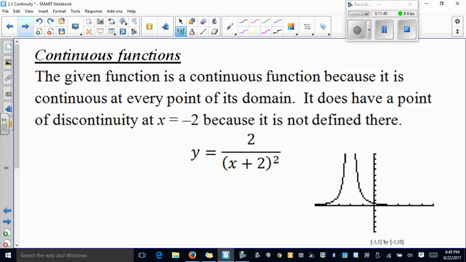So here's a couple of questions to ask. Let's look at this. If I asked you, is it continuous on the interval of -5 to -3? And you'd be going, well, 1, 2, here's 3, and over here's 5. Yes, it's continuous.